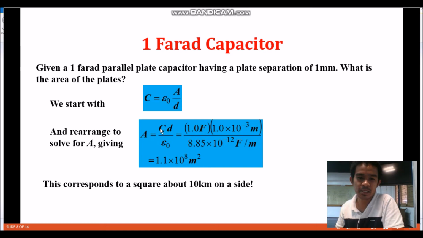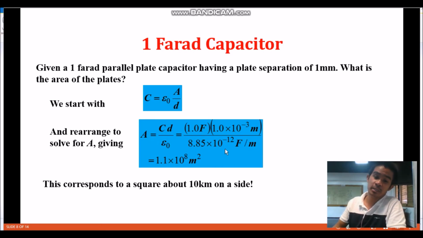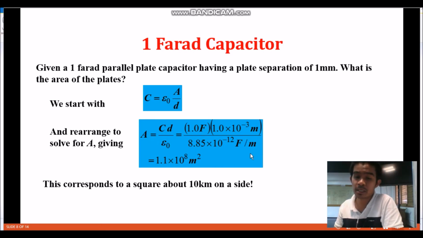So we replace capacitance by 1 farad, multiplied by 1 times 10 to negative 3 meters, which is equivalent to 1 millimeter, over permittivity of free space, a constant, 8.85 times 10 to negative 12. Permittivity of free space has another unit, farad per meter, and I will explain later why. So we compute, and it is equal to 1.1 times 10 to the power of 8 meters squared.